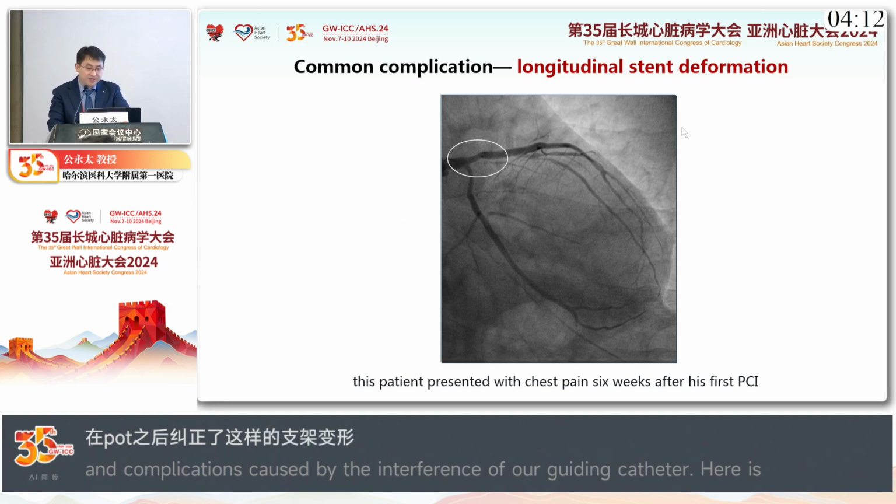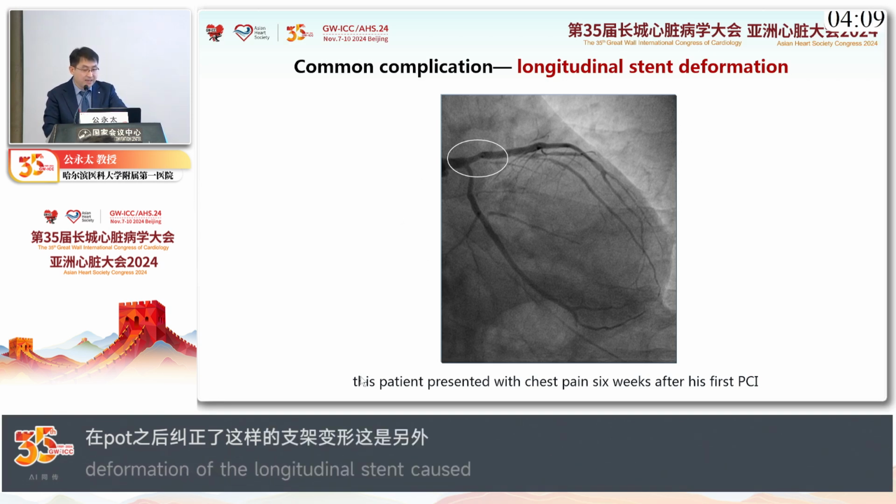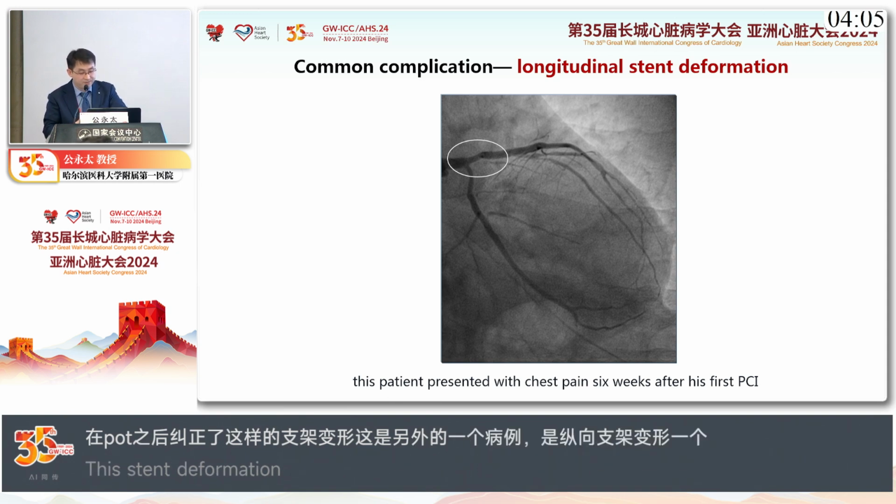This is another case of stent deformation. The patient presented with chest pain 6 weeks after his first PCI.